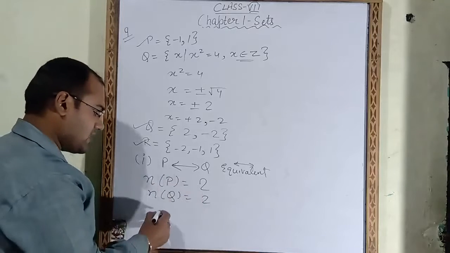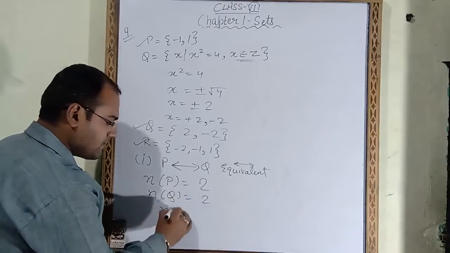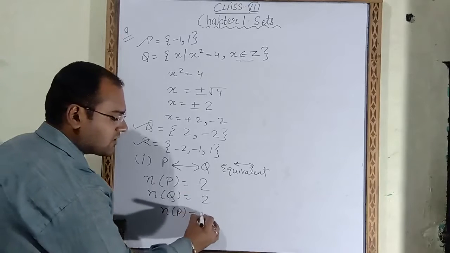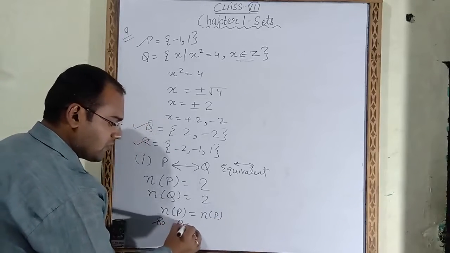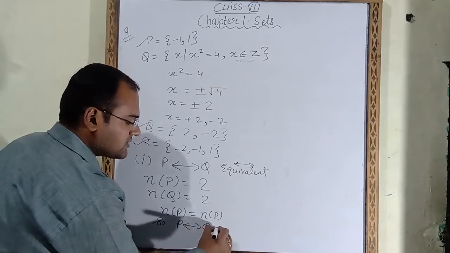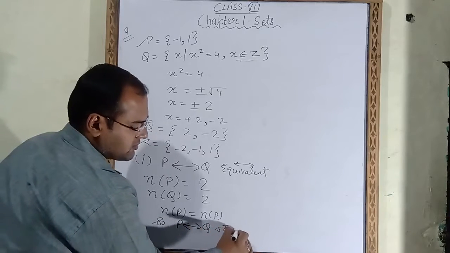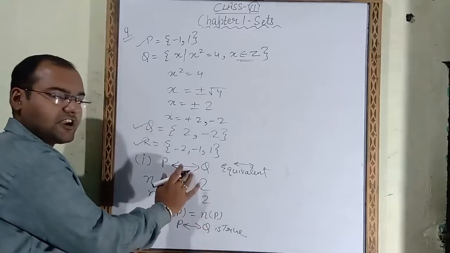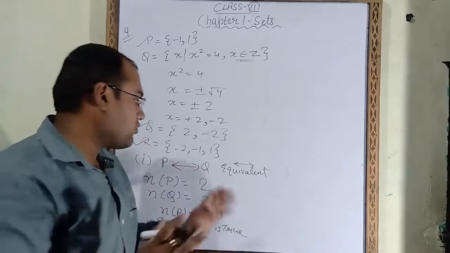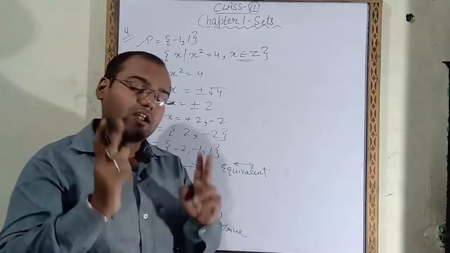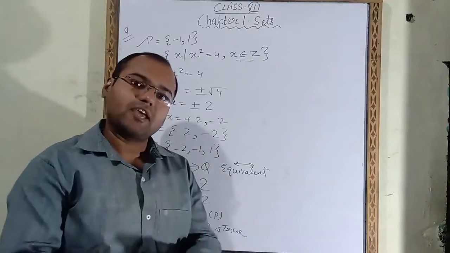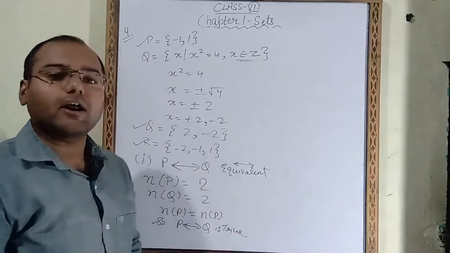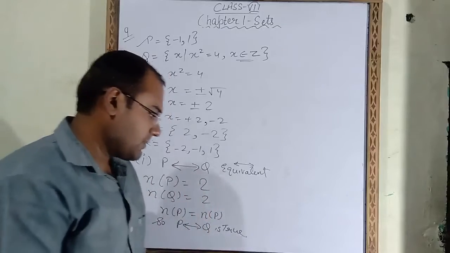So we write here n(P) is equal to n(Q). So P equivalent Q is true. That means this statement is true. Equivalent means the cardinal numbers of both sets P and Q should be the same. Then we can say that P and Q are equivalent sets.